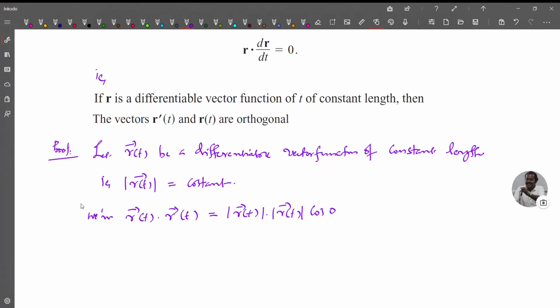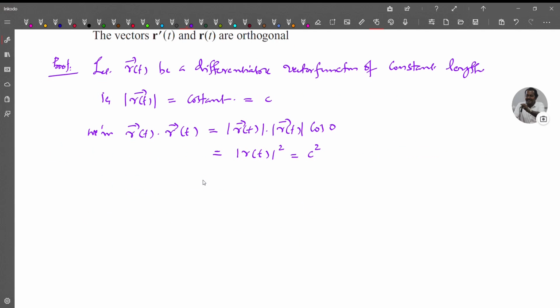So this is equal to modulus of r of t square, and let it be some c. So it is equal to c square. Therefore, d by dt of r of t dot r of t equal to 0, because c is a constant.